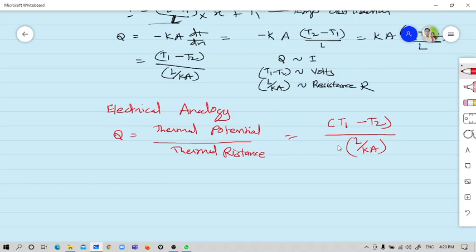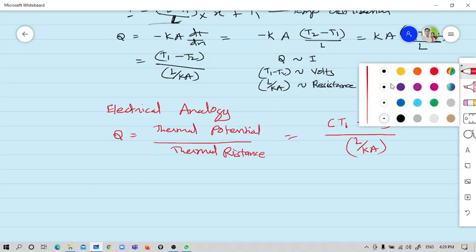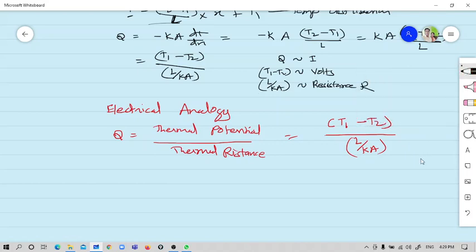Now in electrical analogy, in electrical technology, you have learned that concept, parallel resistance and resistance in series. So here also it can be applied. So if you have different slabs which are attached to each other, you can have slabs down here, something like this.